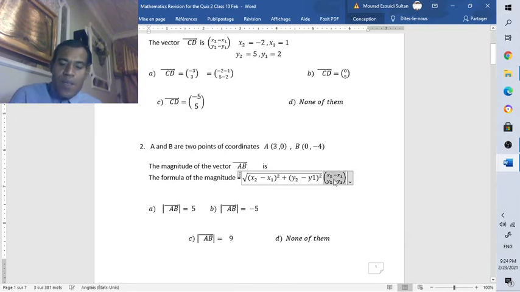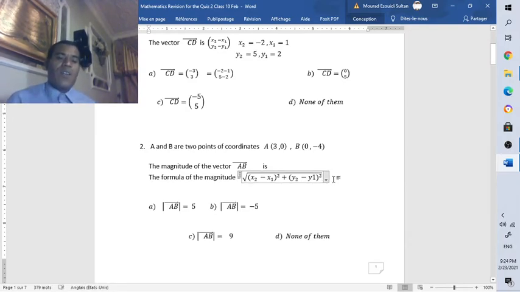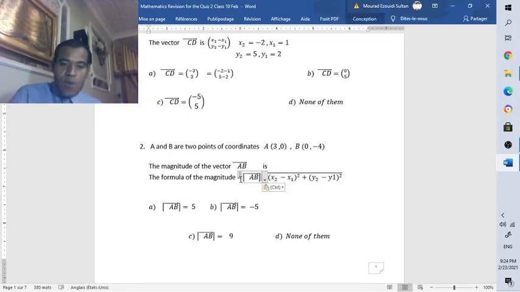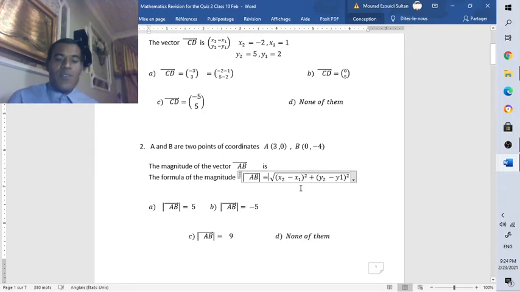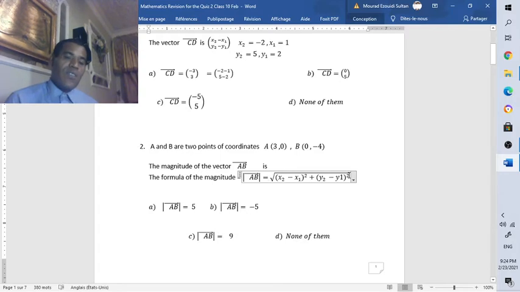Whatever the components of the vector or the coordinates of the points, you will use the formula: vector AB is equal to the square root of (x2 minus x1) squared plus (y2 minus y1) squared. No matter if you change the signs, x1 minus x2 all squared plus y1 minus y2 all squared, there is no change, the distance will be the same.